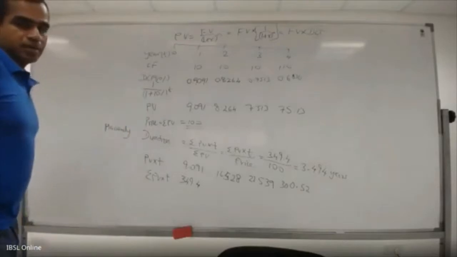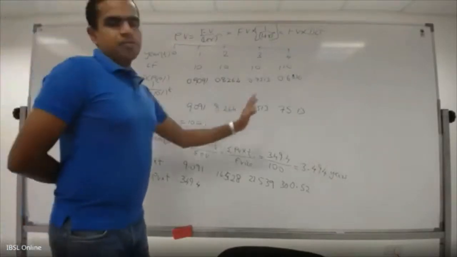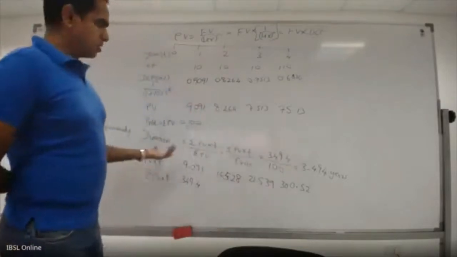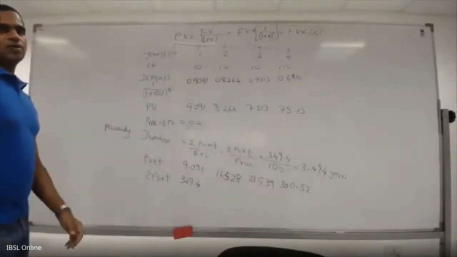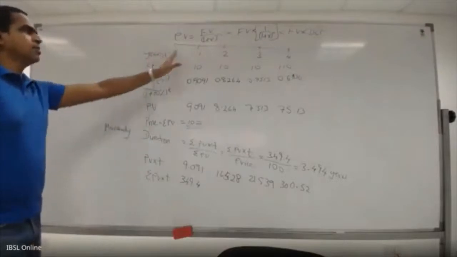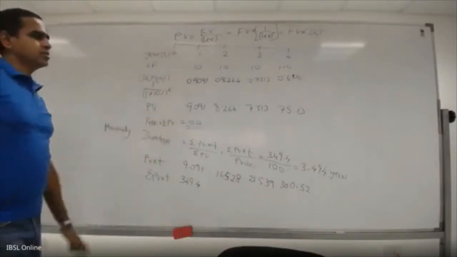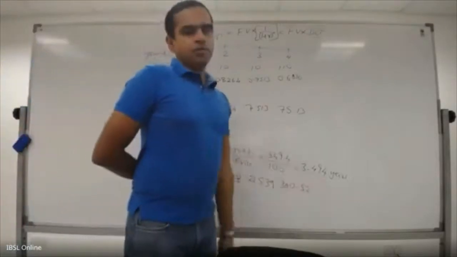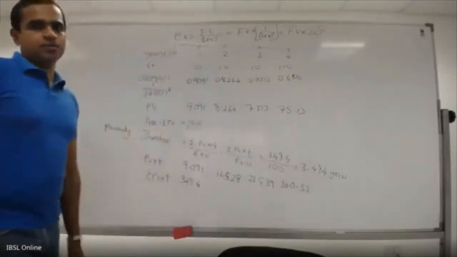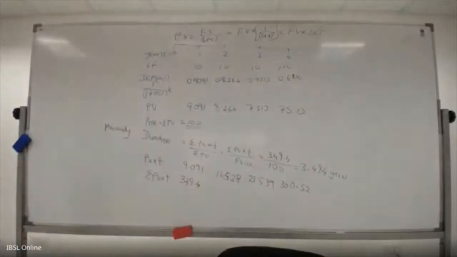Remember the payback period? This is the payback period in bond terminology, Macaulay duration. How long it takes to recover the 100 that you invest in this bond. It takes you 3.4, almost 3.5 years to recover the price of this bond.